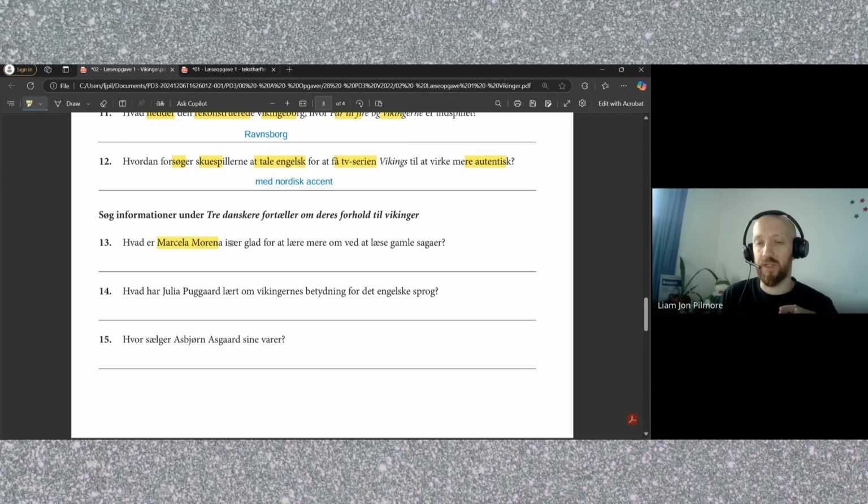I think it's interesting because it says især glad for. And I've seen this quite a few times, which means especially happy for. What does she especially like about reading these old sagas? That tells me they might name several things, but we're looking for the one thing that she is especially happy about. Let's have a look.